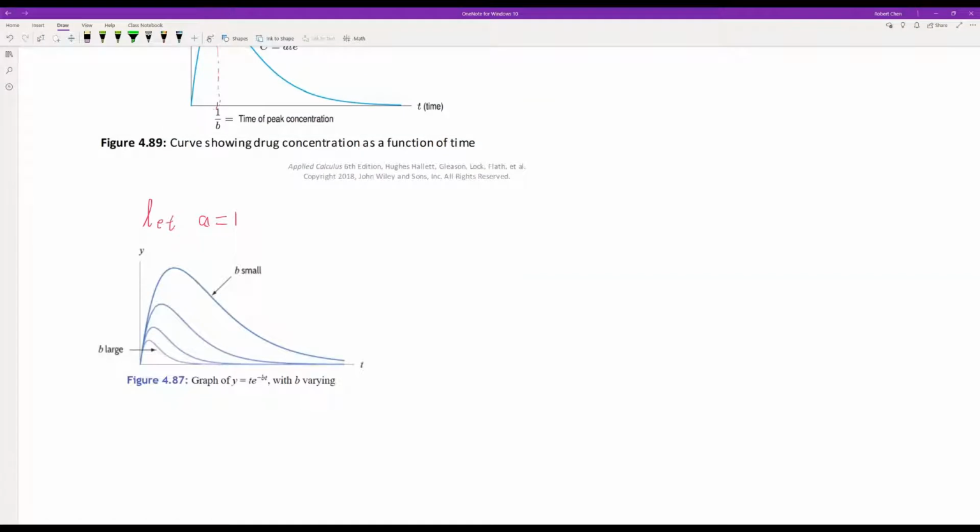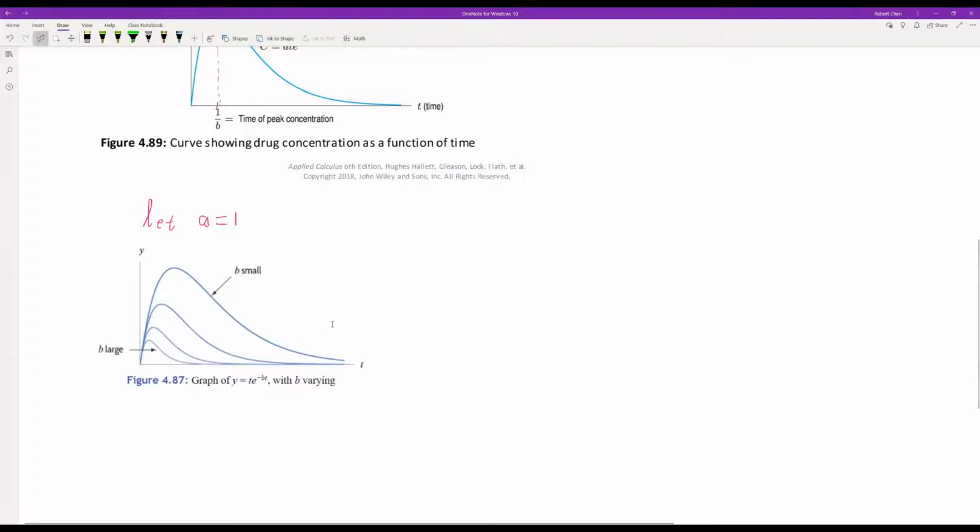Here we are letting A be equal to 1, and then we're looking at different values of B. We can see in this graph that for different positive values of B, the general shape of the curve does not change. We all see them increase fast and then drop down slowly.